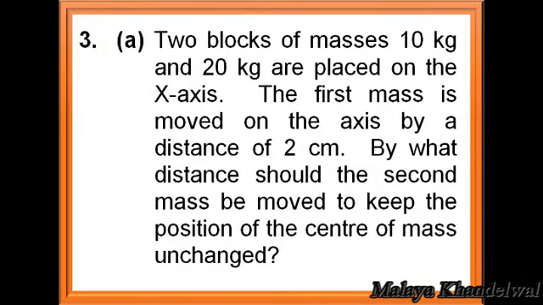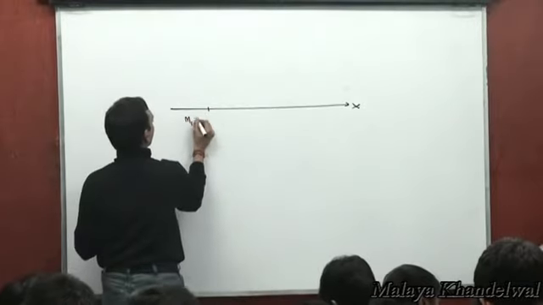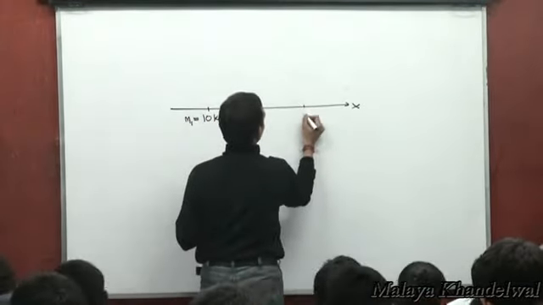Two blocks of mass 10 and 20 kgs are placed on the x-axis. The first mass is moved on the axis by 2 centimeters.